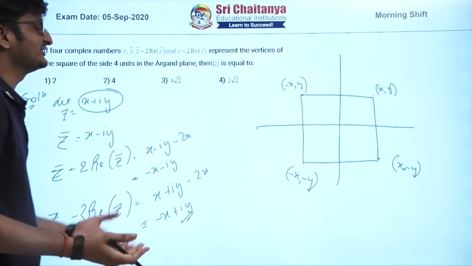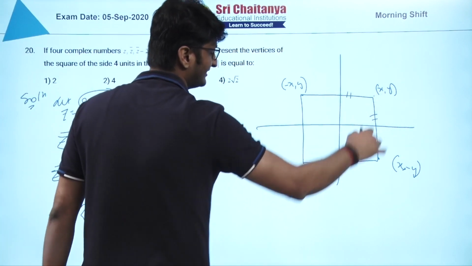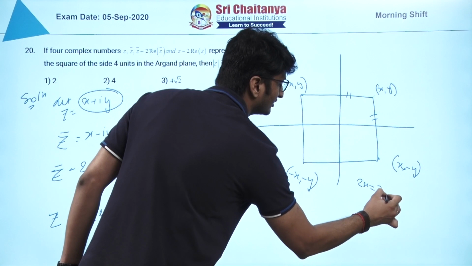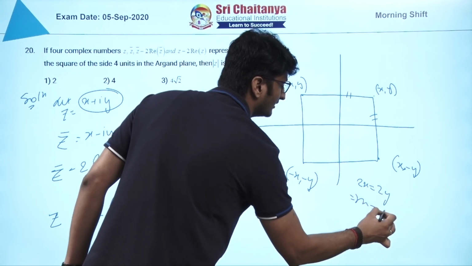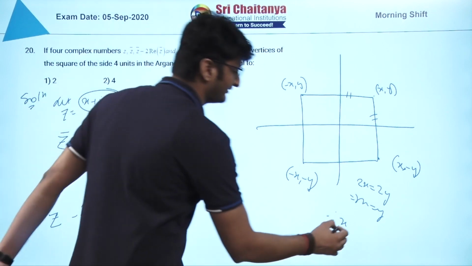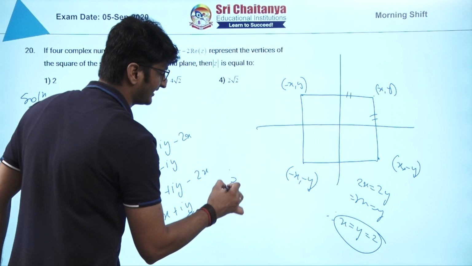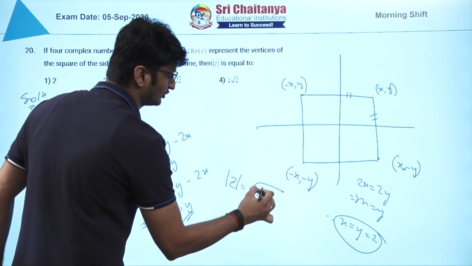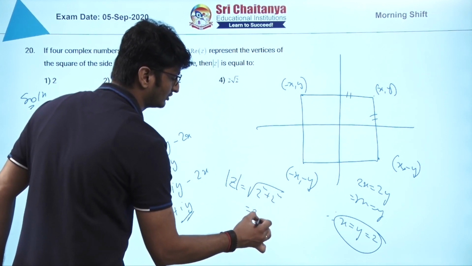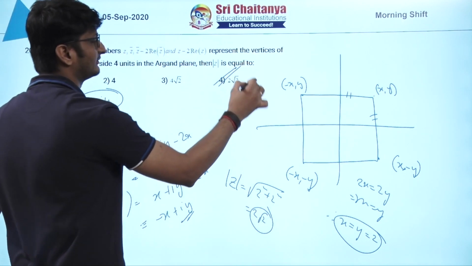It is given that it is a square only. So obviously this side must be equal to this side, twice x must be equal to twice y, x must be equal to y. Therefore x plus y is equal to 4, so x is equal to y is equal to 2. So mod z, which they are asking us to find, is the square root of 2 square plus 2 square, which is 2 root 2. Option number 4 is the correct one, that is mod z.